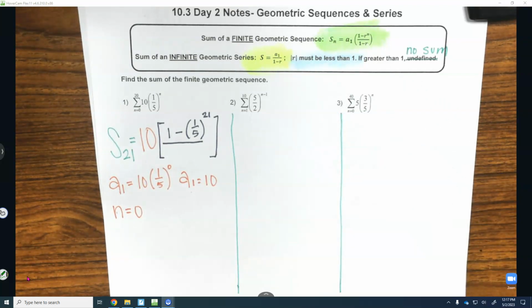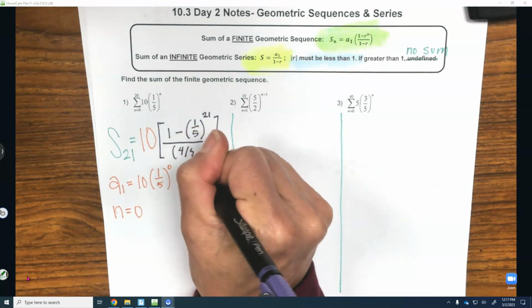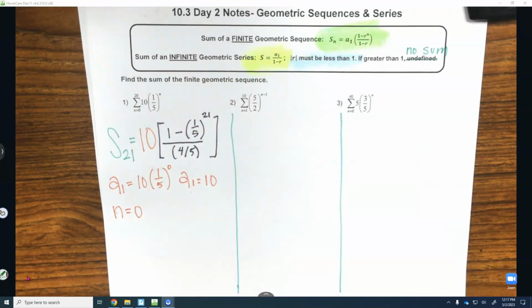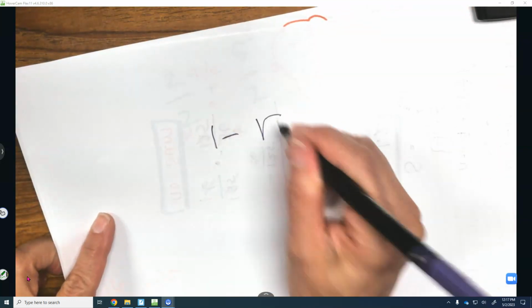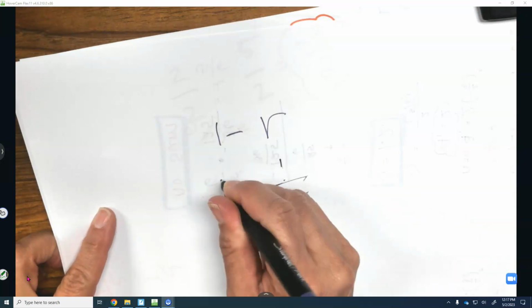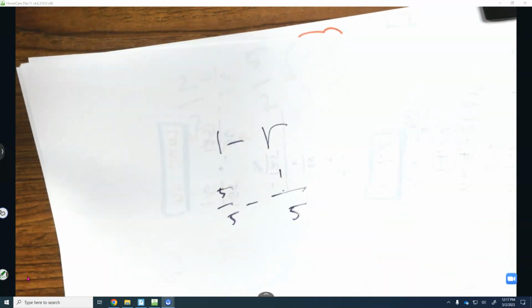Remember the r is 1/5. 1 minus 1/5, you need to be able to do that in your head, guys. You're going to have to be able to combine the fractions in your head. Remember, 1 minus r, if r is 1/5, this is 5 over 5. Y'all need to do that process in your head at this point in the game.